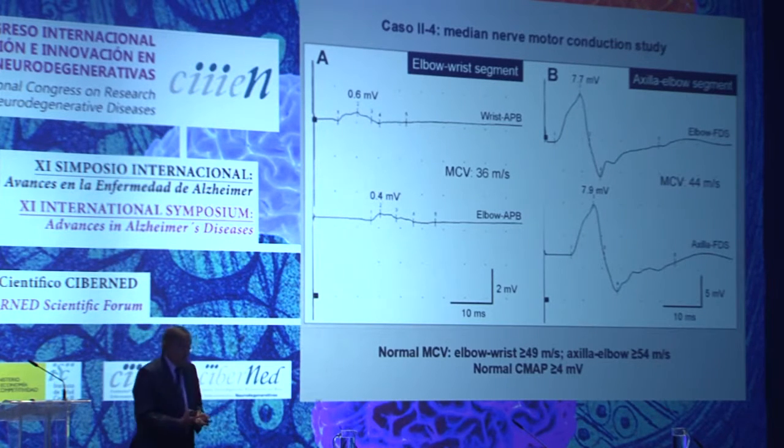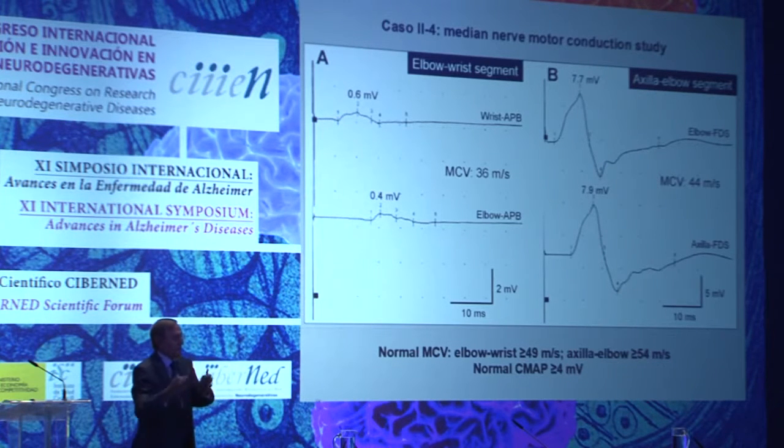To clarify the issue, we analyze the segment axilla to elbow with recording in flexor digitorum superficialis. When we stimulate in elbow, we obtain this potential of 7.8 millivolts with biphasic morphology, and we stimulate in axilla, we obtain the same potential.